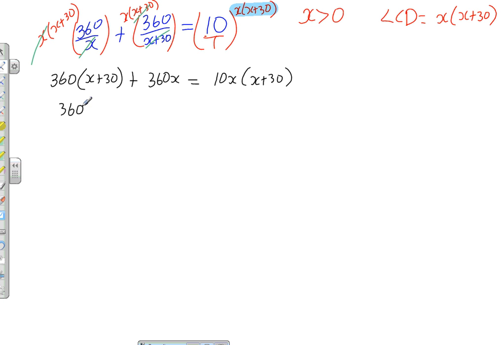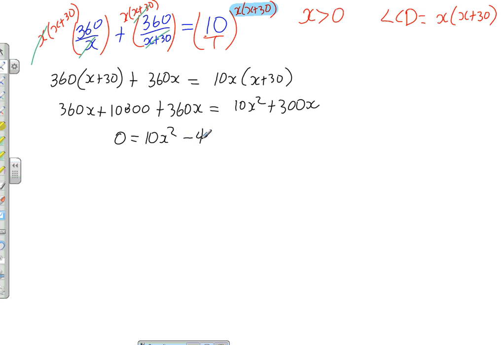So 360x plus 1080 plus 360x equals 10x squared plus 300x. Got a quadratic? Equate to 0 and factor. So let's equate it to 0. Bring it all to one side. 10x squared minus 420x minus 10,800.